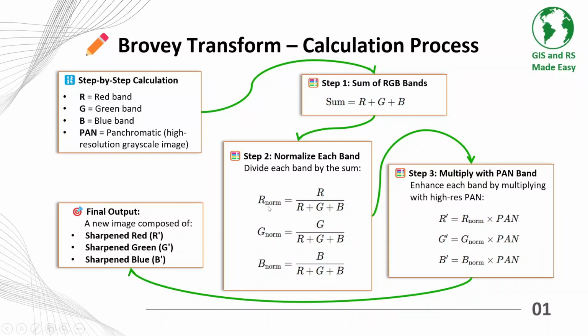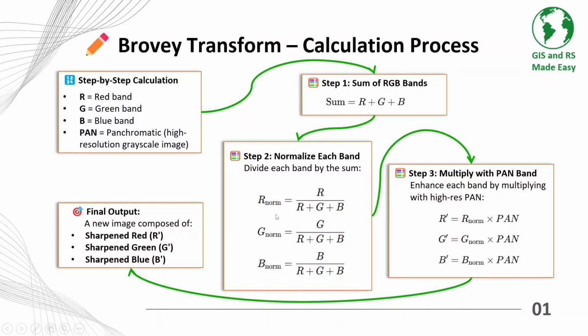The first one is red normalized: red divided by the sum of red, green, blue, and likewise the green and blue normalized bands. Keep in mind that this result is different for every pixel. It is calculated pixel-wise. And the third step is to multiply with the pan band.